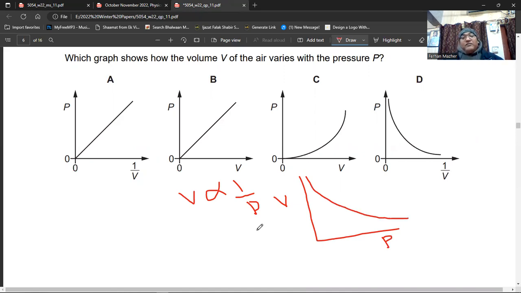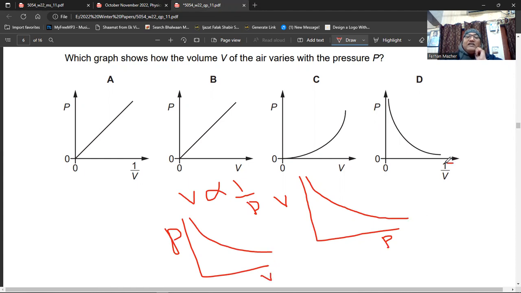But there is a problem. Here they have represented the pressure here, and the volume is something here. So the graph should be something like this if the volume is here.